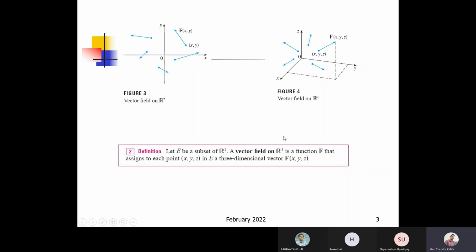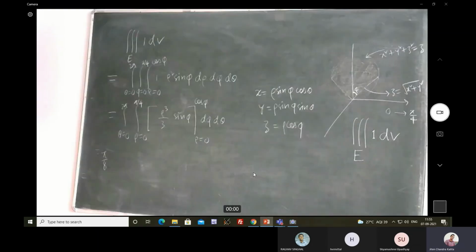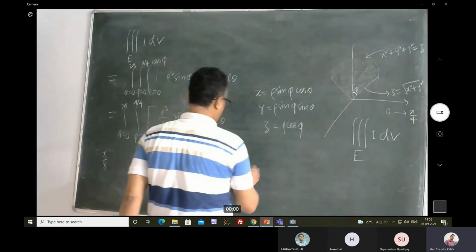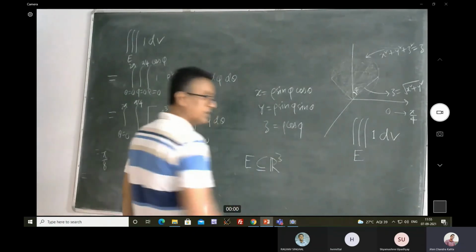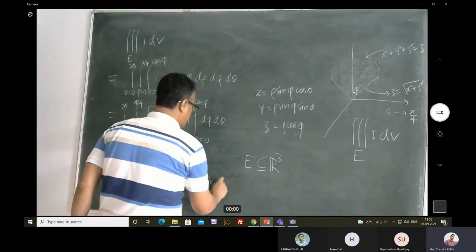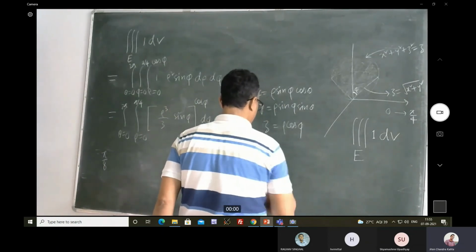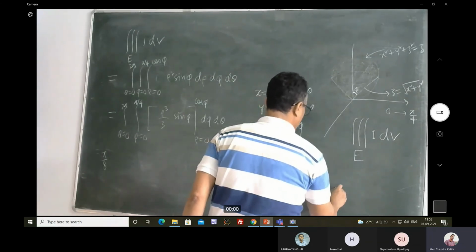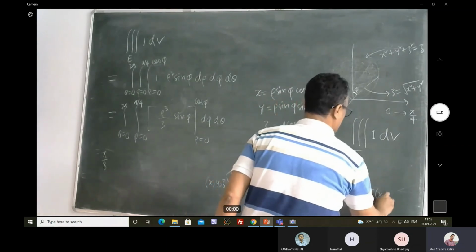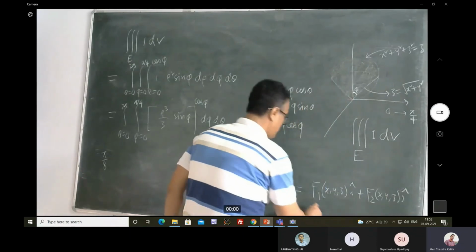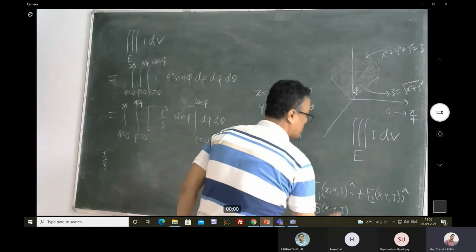So this is the definition of a vector field in R3. If E is a subset of R3, then a vector field on R3 is nothing but a function F that assigns to each point x, y, z in E a three-dimensional vector F. Suppose I am considering a region E in R3, and for each point x, y, z belonging to this region E, I define a vector F to be something like f1(x, y, z) i plus f2(x, y, z) j plus f3(x, y, z) k.